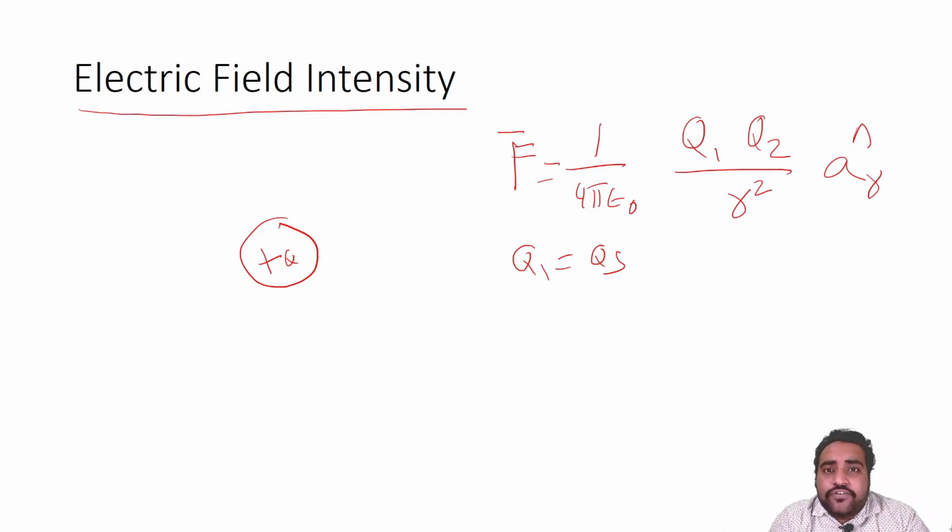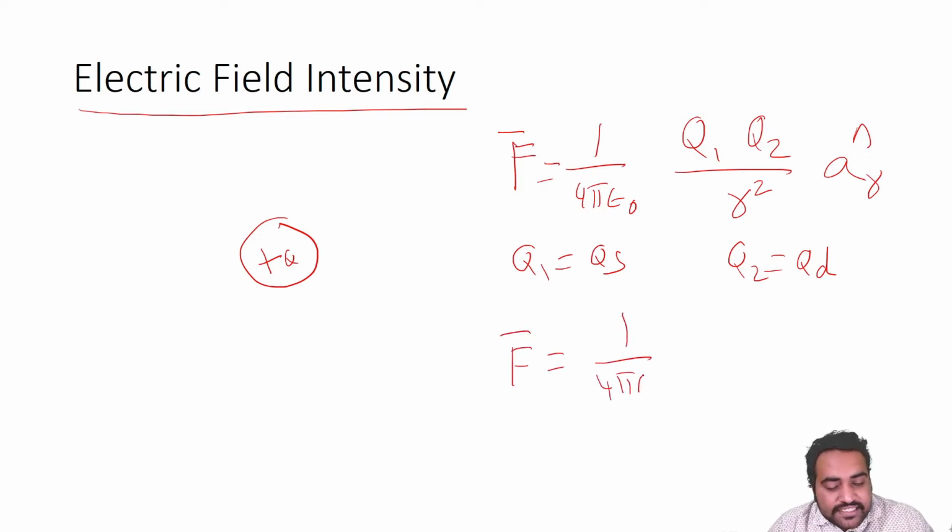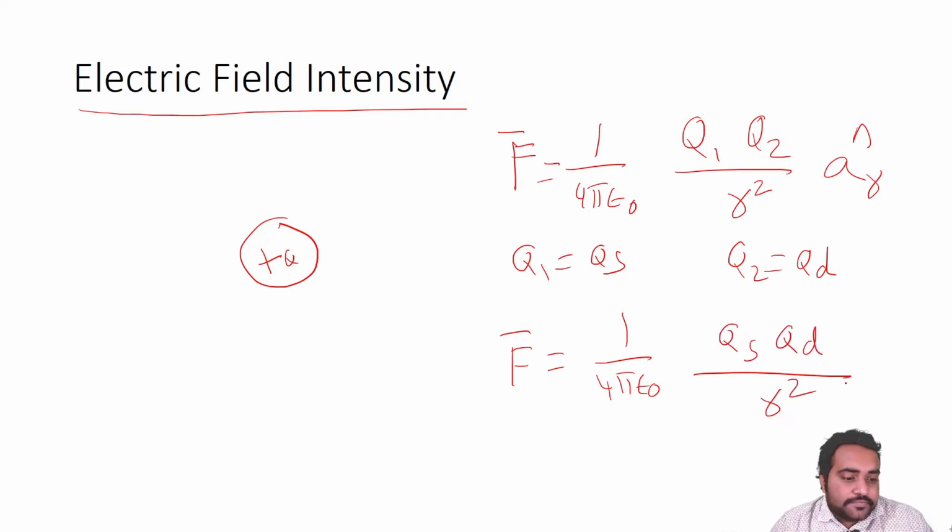This electric force requires two charges. So let me call the second charge Q2 as QD. So the electric force is dependent not just on the source but also on the destination.